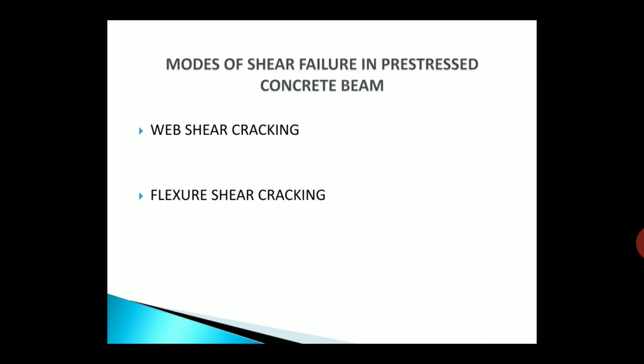So this is a pure shear force without the effect of any bending, whereas flexural shear cracking is the shear induced because of the tension induced in concrete as a result of flexural or bending action. So the shear force is not pure shear, but a shear induced because of bending. These two modes of failure we will be dealing with in the further videos.